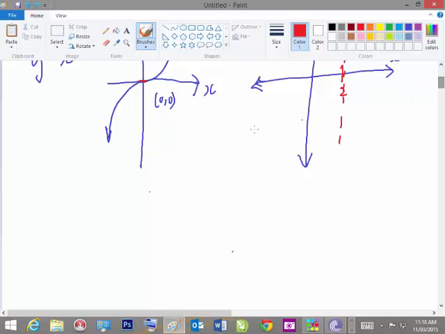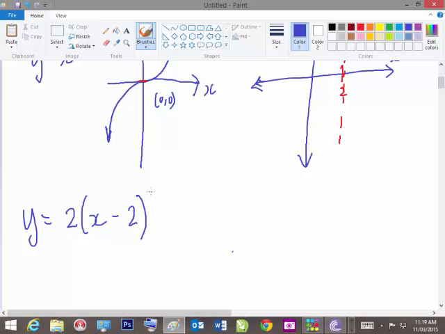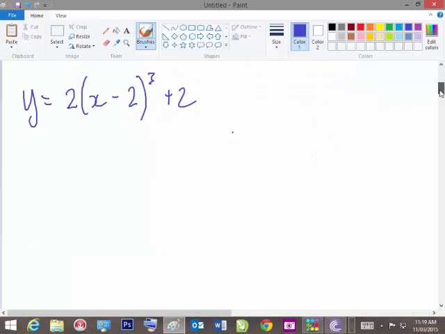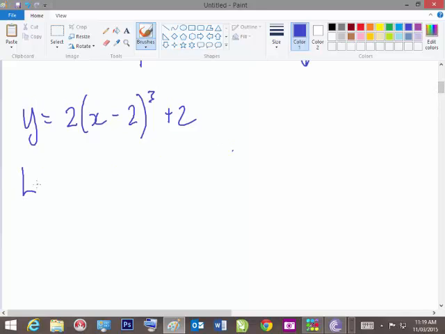Now before I do that, I need to work out whereabouts it crosses the y-axis and x-axis. So this is our equation. To find out where it crosses the y-axis, I let x equals 0.